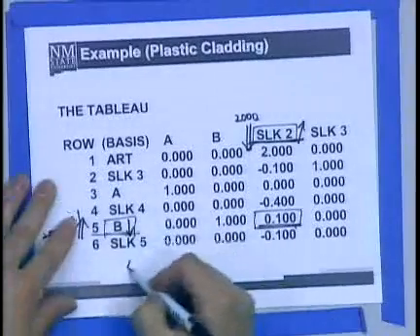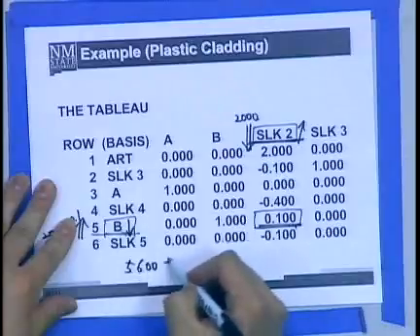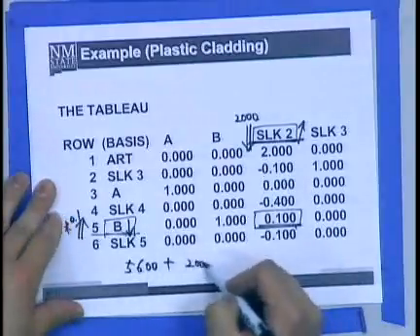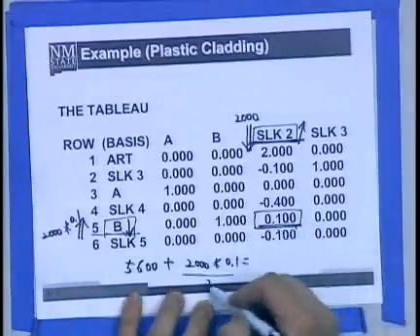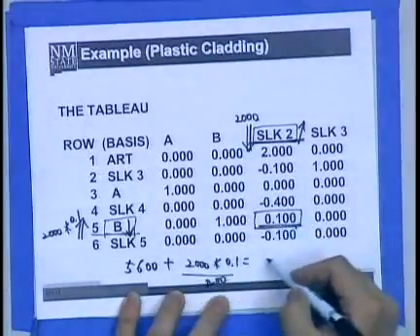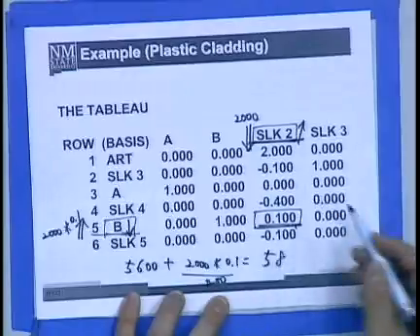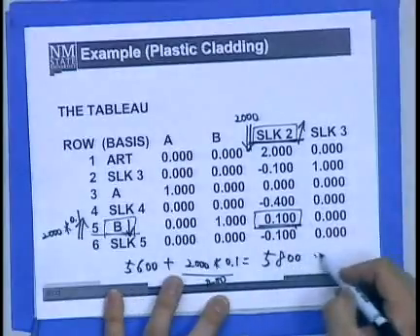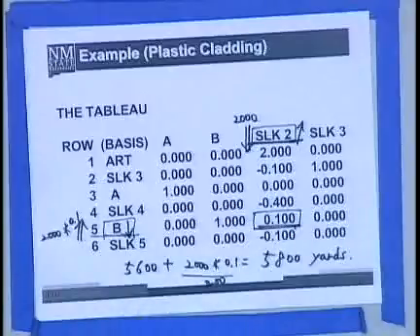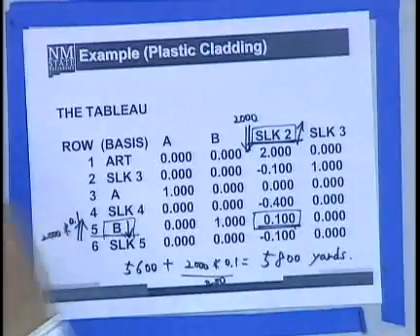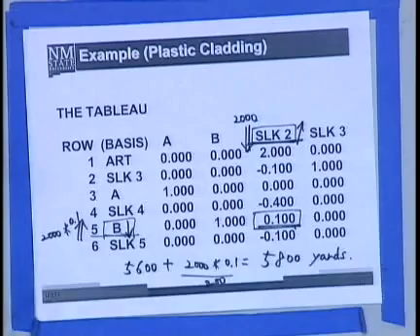So it's going to be 5600 plus 2000 times 0.1, which is 200, right? So it becomes 5800 yards. Okay? Are you following me? Right? Okay.